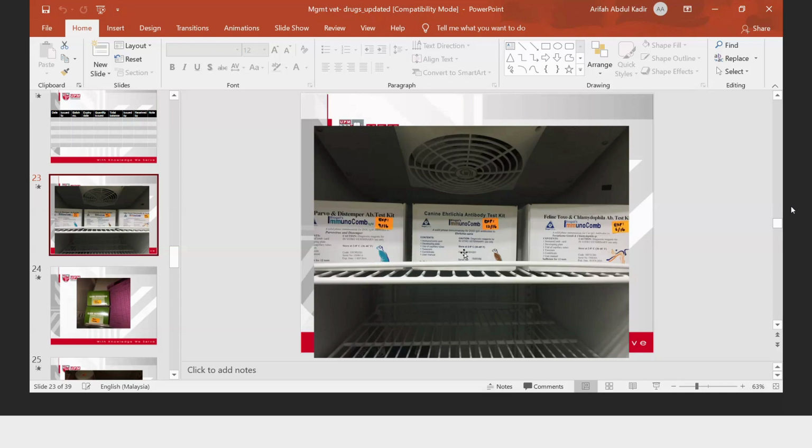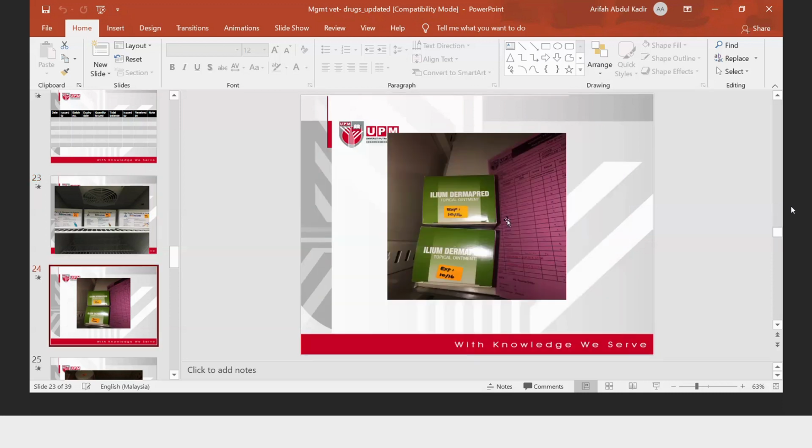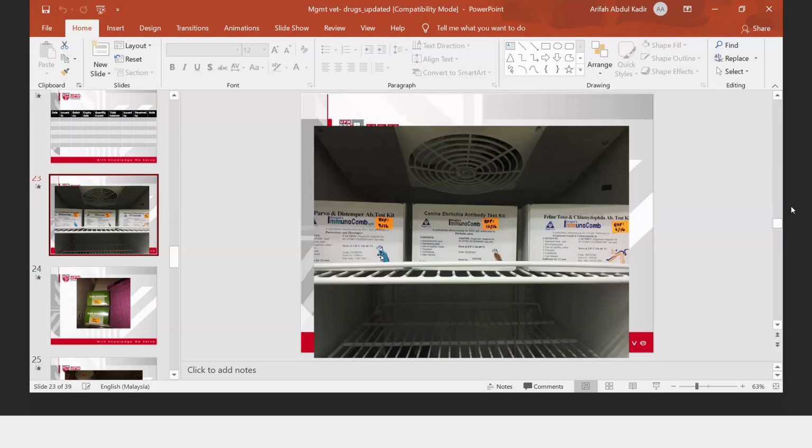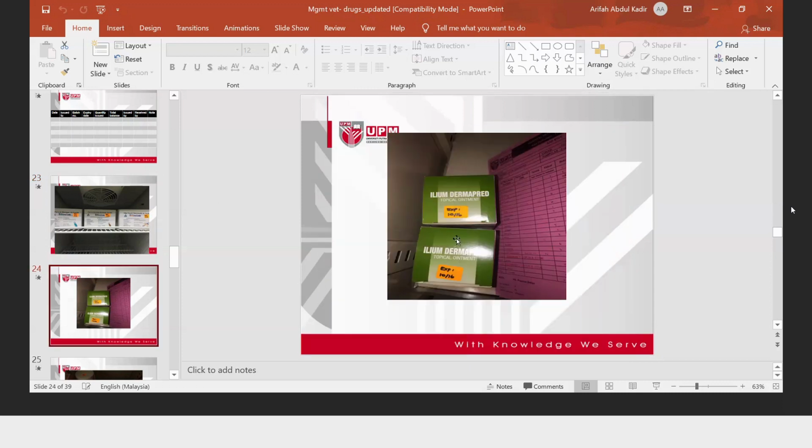Yeah? Okay, and then the same thing for other drugs on the shelf. Just now was in the fridge. Even in the fridge, we label them, we put the sticker on, and this is on the shelf, as you can see the cards, the red card or pinkish red card.